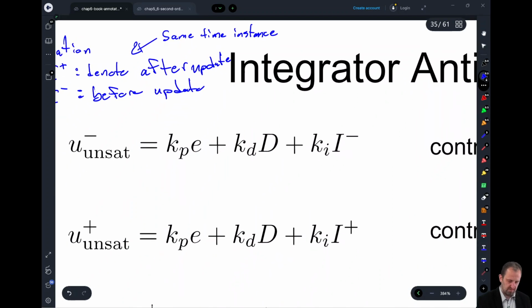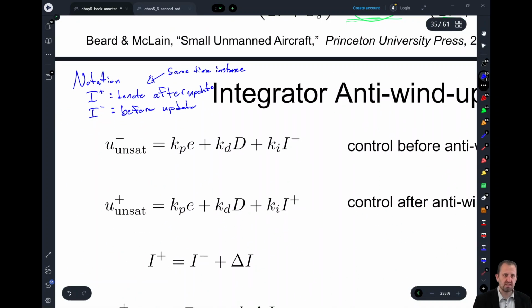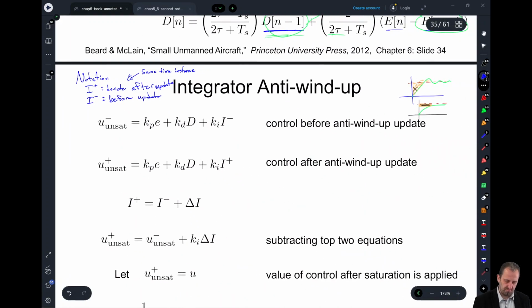They both correspond to the same moment in time. It's just that one is before an update and one is right after an update.